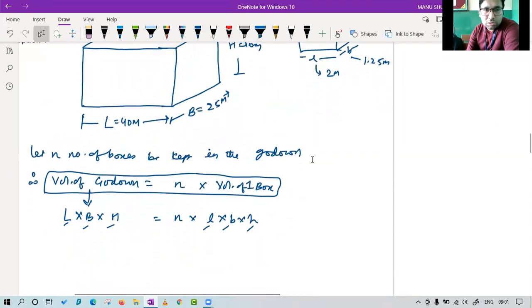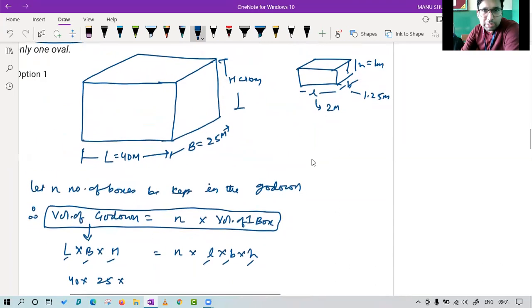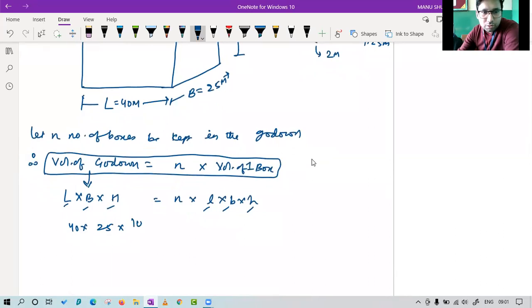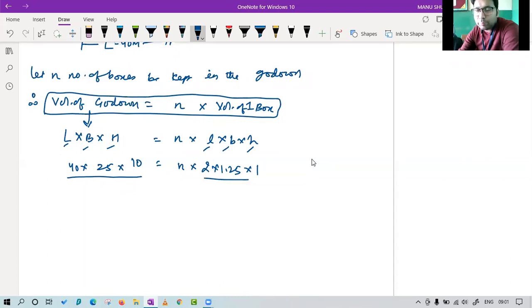Now put the values. L is 40 multiplied with 25 multiplied with 10 is equal to n into 2 into 1.25 into 1. So class, shall we first multiply these separately or do something else?